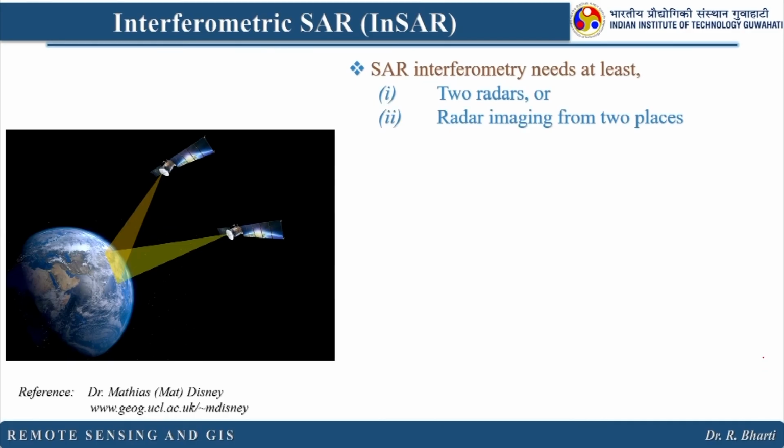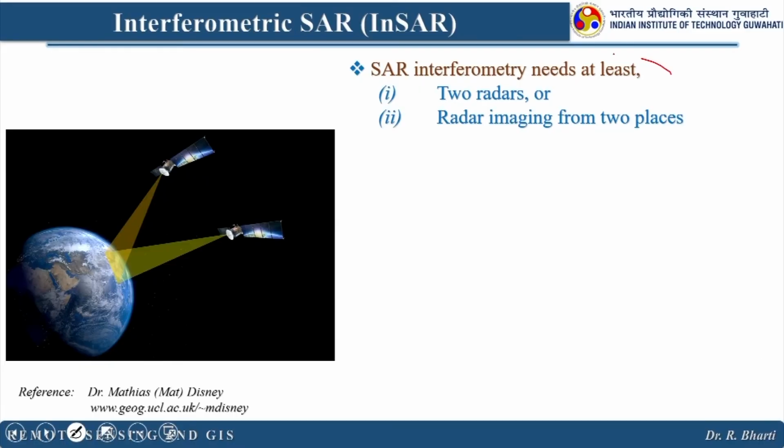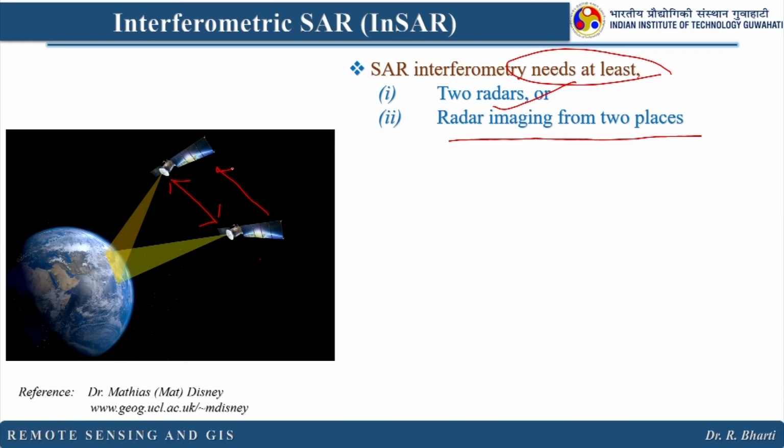So, how do we do this SAR interferometry? Basically we need at least two radars, right. We can have two different radars or radar imaging from two places, right. Maybe this itself will move after a certain time and then see that object from there, but the time lag should not be high.